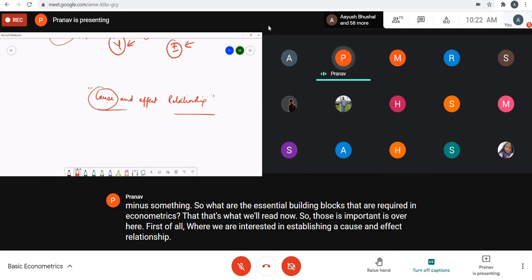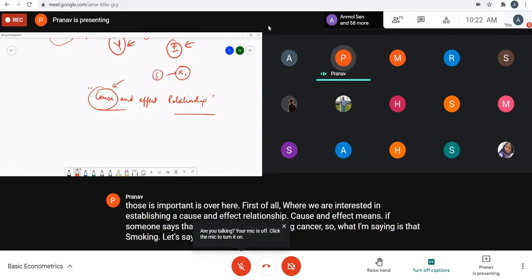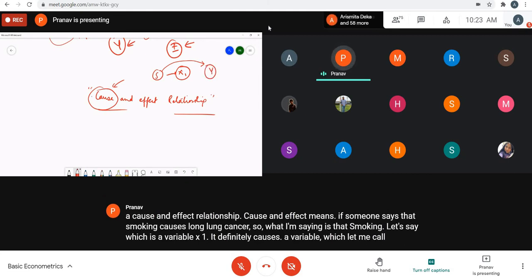Cause and effect means if someone says that smoking causes lung cancer, what I'm saying is that smoking, let's say, which is a variable x1, definitely causes a variable which let me call y.